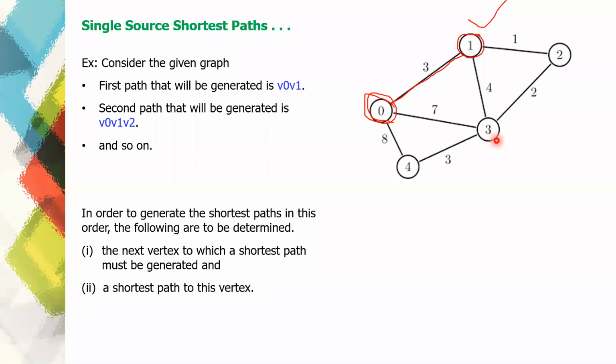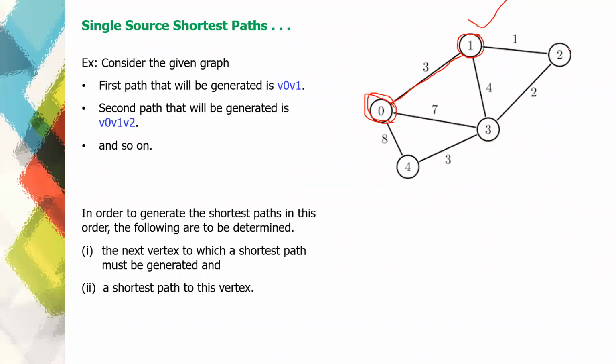Now the next vertex that I have to select is the one which is nearest to vertex 1. So among the vertices 2 and 3, I'm going to compare the distance between vertex 1 and 2 and the distance between vertex 1 and 3.